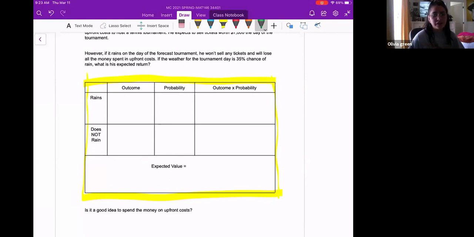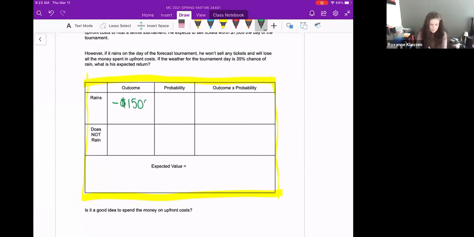Okay, with the outcome, if it rains, would it be just negative $1,500? Yes. Okay. Very nice. It's going to be negative $1,500. Does everybody see where that number came from? Amari, does that make sense?